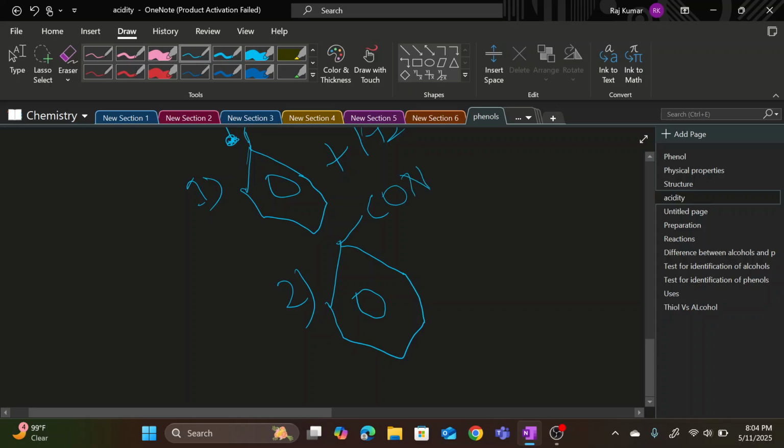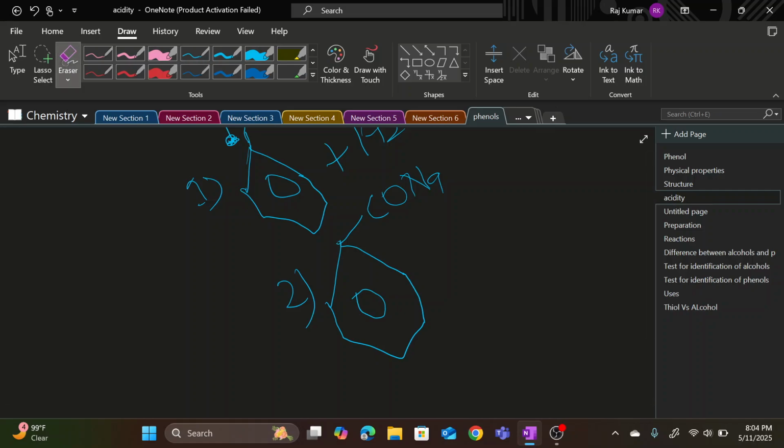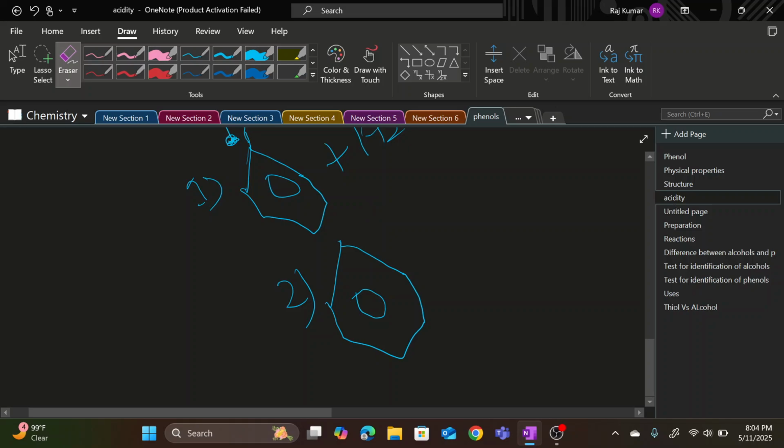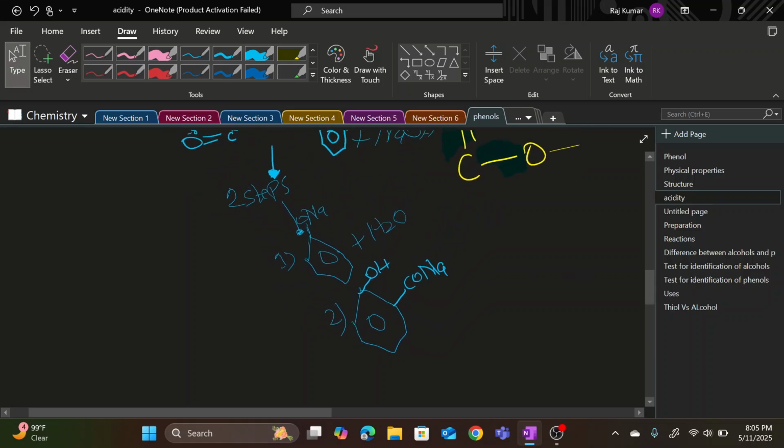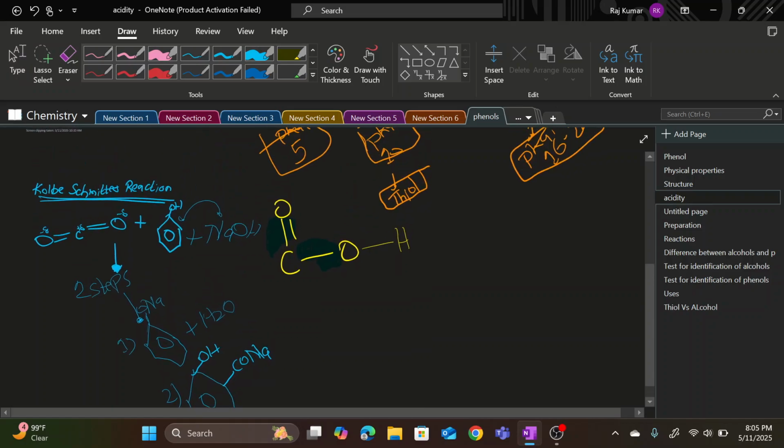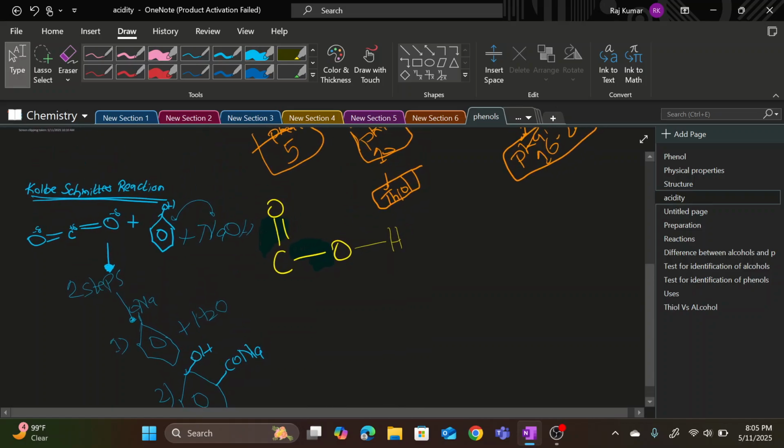The OH is attached on the second position, so it is sodium hydroxybenzoate. So this is about it. This method is known as the Kolbe-Schmitt reaction, and this is basically a carboxylation reaction in which there is carboxylation of the phenol group.